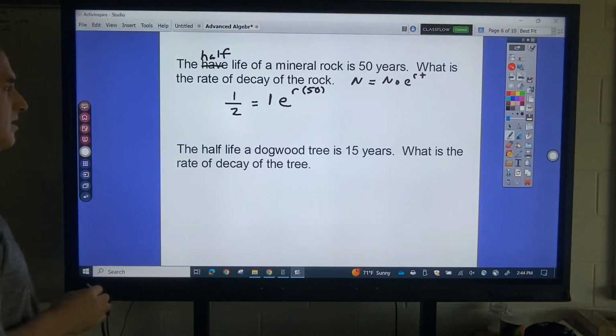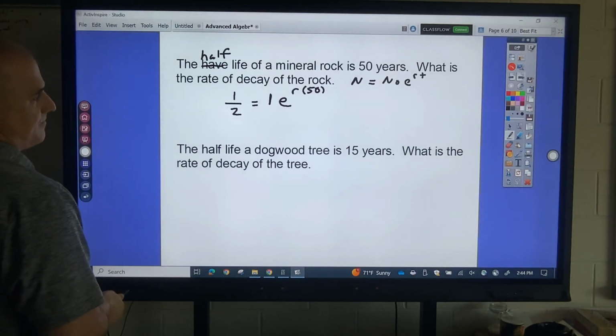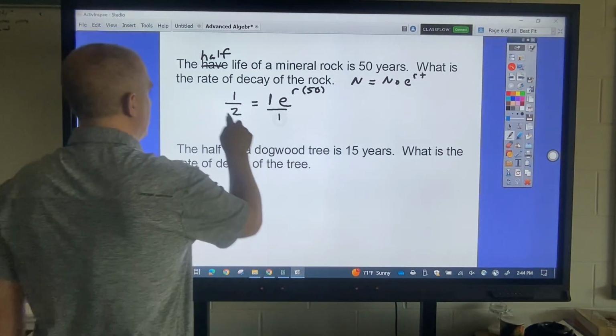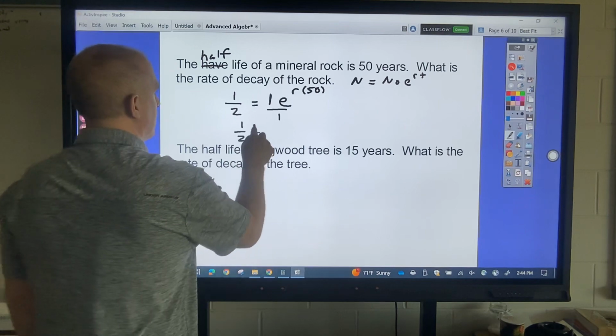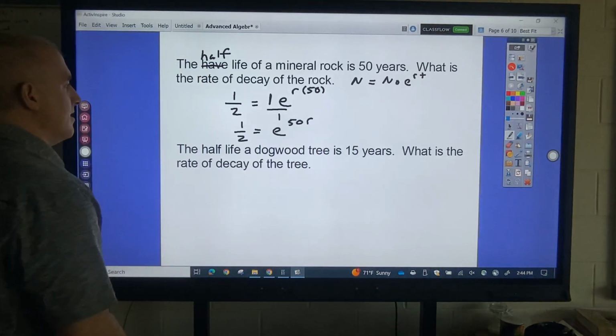There's a couple ways to do this. If you divide by 1, that's 1/2 equals e to the 50R.